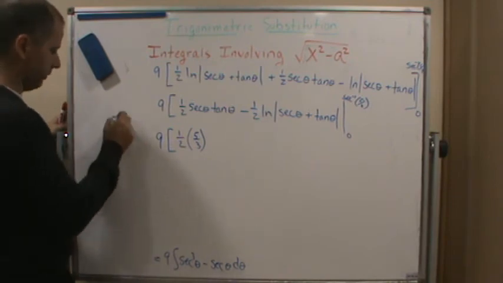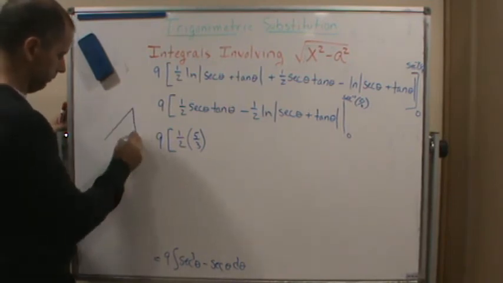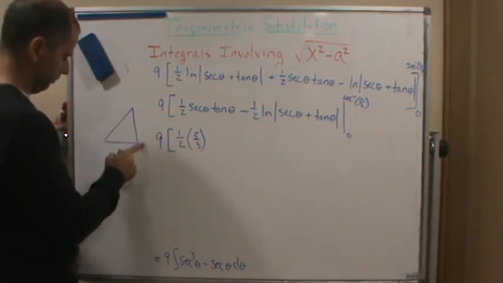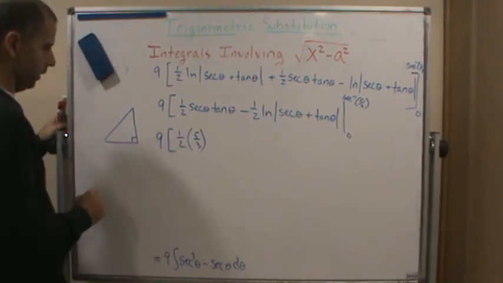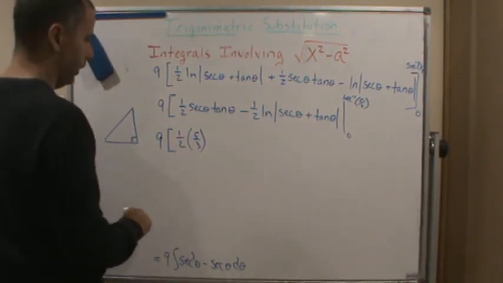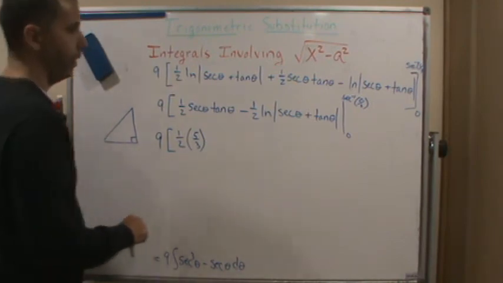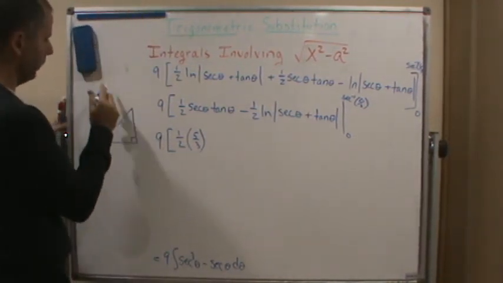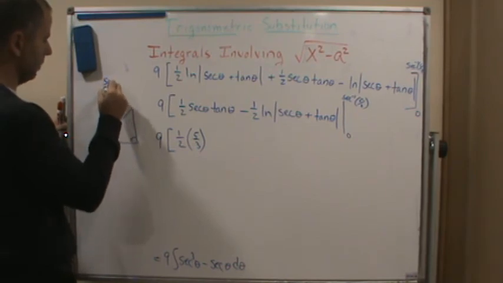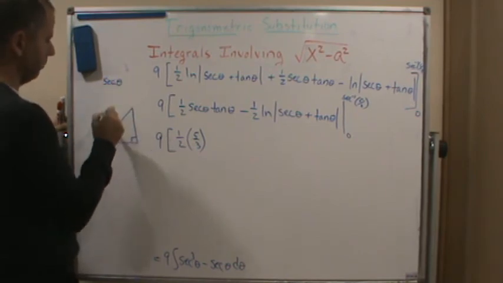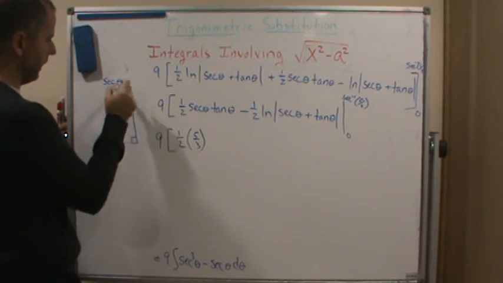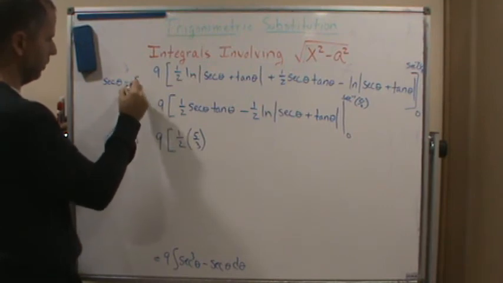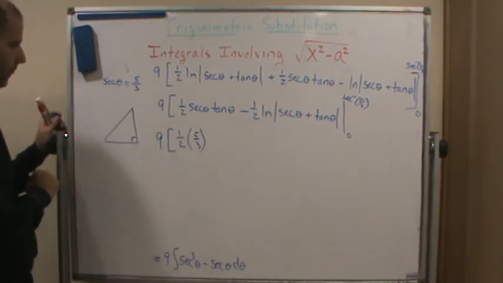So let's look at the right triangle. We know secant theta is equal to 5/3.